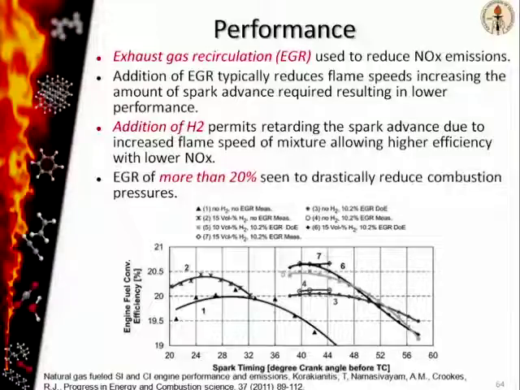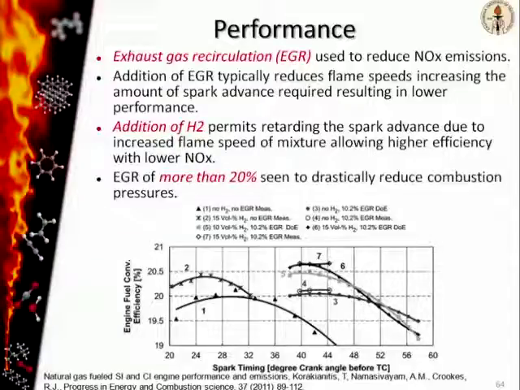What this essentially does is reduce the peak temperature inside the engine and reduce the formation of NOx. Now the drawback is that the more exhaust gas you pump back into the engine, the more you reduce your flame speed.